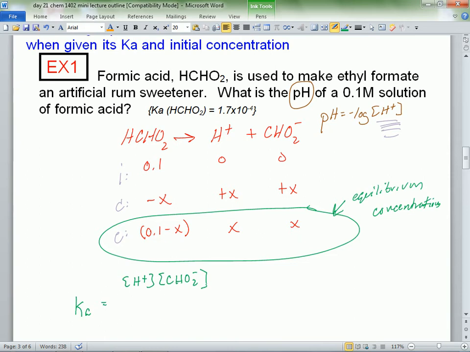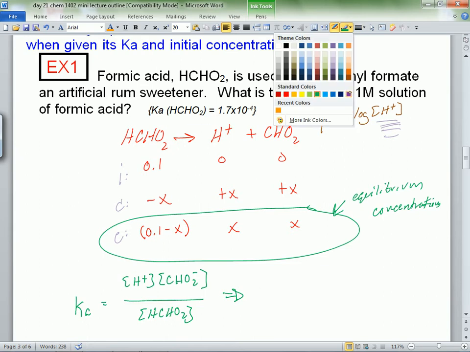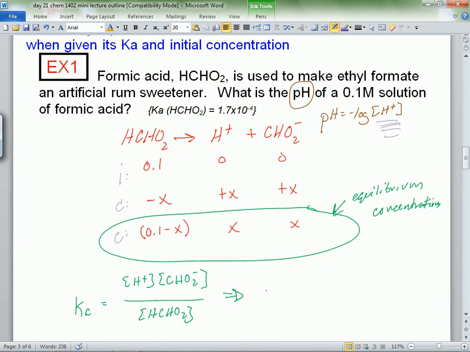Multiply, keep going. Okay, good. Okay. So we substitute stuff in here. We'll have 1.7 times 10 to the negative 4 has to equal pretty much just x squared over 0.1 minus x. You agree so far?